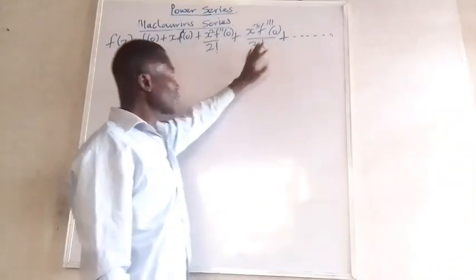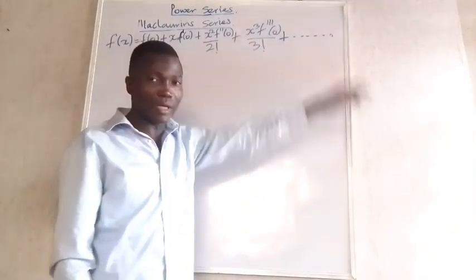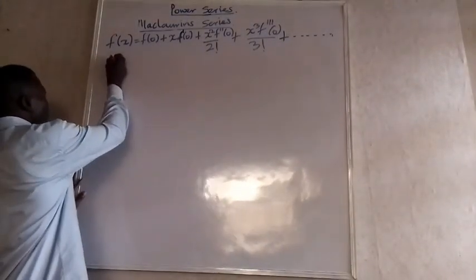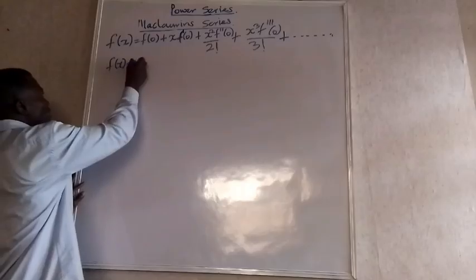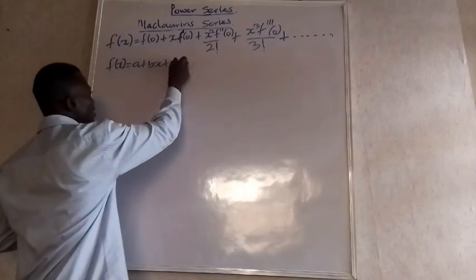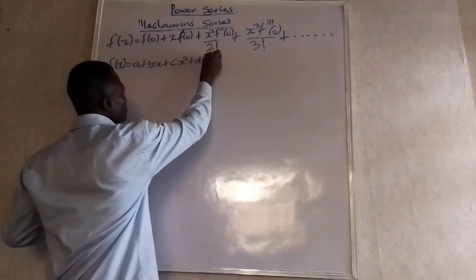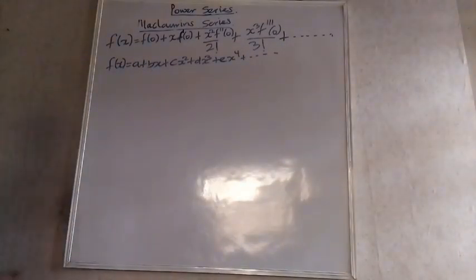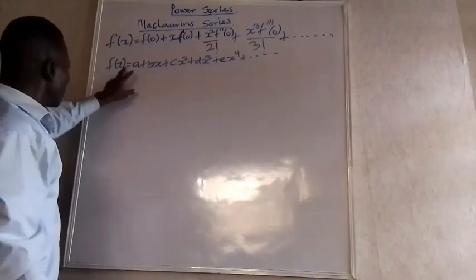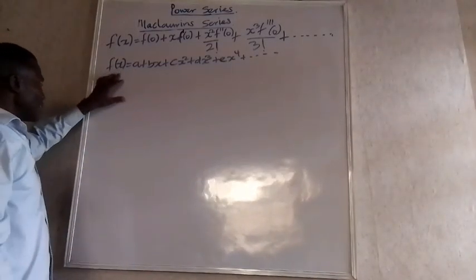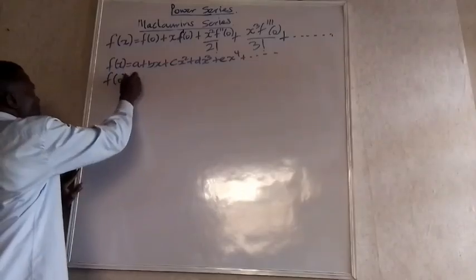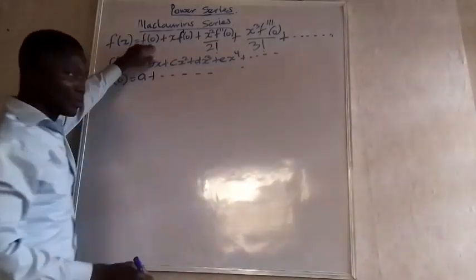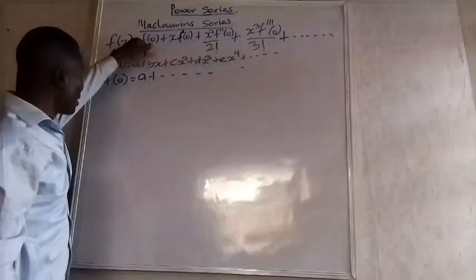The third differential over 3 factorial is multiplied by x cubed, and it goes on like that. That is what we did in the first place. Let me show you. When we have f(x) equals a plus bx plus cx squared plus dx cubed plus ex raised to the power 4 plus and so on, to get a we substitute 0 for x, so f(0) is a, and all the other terms go to 0.